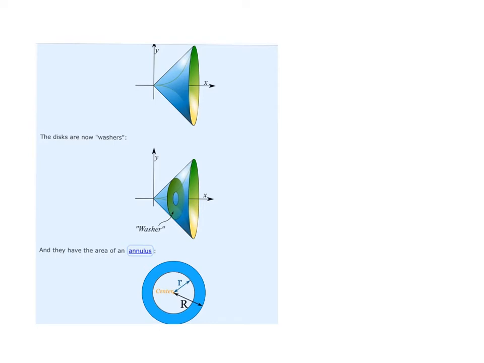Then we decide that not just a disk, but we might make something that looks more like a washer. Here's a washer. And a washer, you know, is just a circle with a circular hole in it. So we have two radii, right? And so when we go to set up this integral, it's going to look like a washer. So it's going to have something squared, the outer, minus the hole.